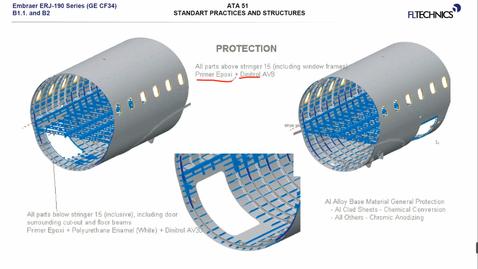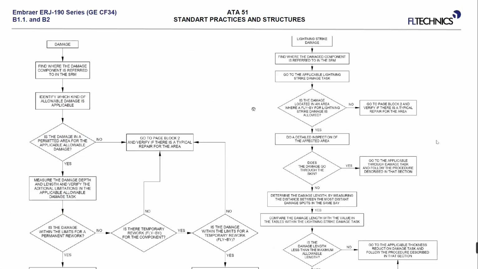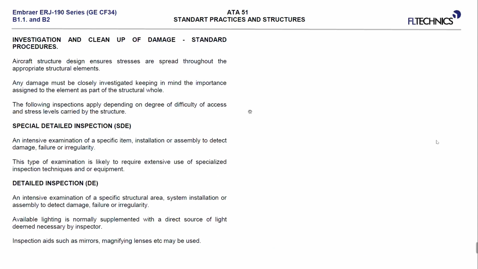The primer is the first protection for the metal components, and then we put dinitrol against corrosion. The primer is protecting against aging, against this so-called chemical corrosion, but later about this. We're going to talk about some cleaning up of damage and the different types of inspections.